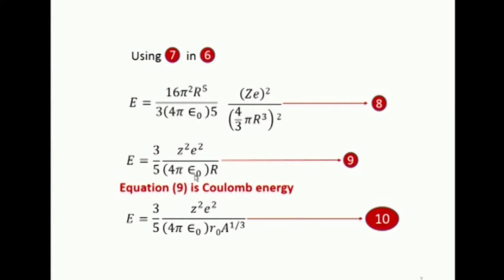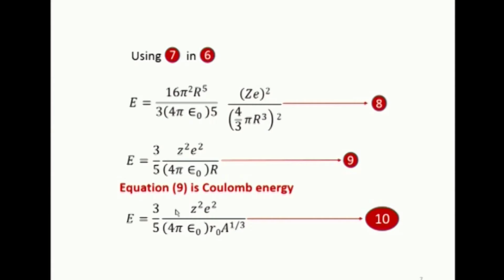Now, R we are writing again. Already in the Weizsäcker formula, under the liquid drop model, we saw that the radius is proportional to A power 1 by 3, or R is equal to R naught A power 1 by 3.